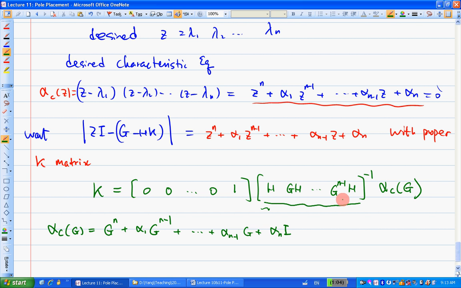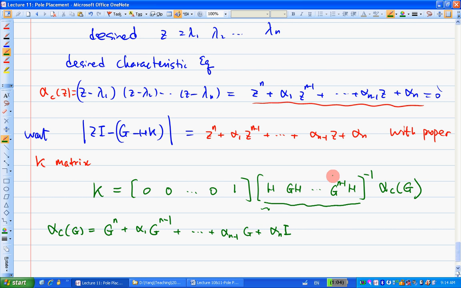We just talked about it in the last lecture. We had controllability, we had observability. When we're checking the controllability, we're checking the rank of what? This. This is the controllability matrix.